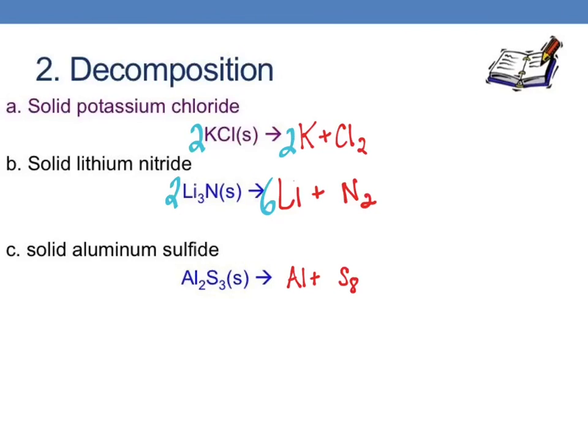So to balance this, I have 3 here and an 8 here of my sulfur, so I'm just going to multiply this one by 8 and this one by 3. Their common factor is 24, so we'll do 8 and 3. And what's that do to my aluminums? I have 16, so I'm going to put 16 right there.